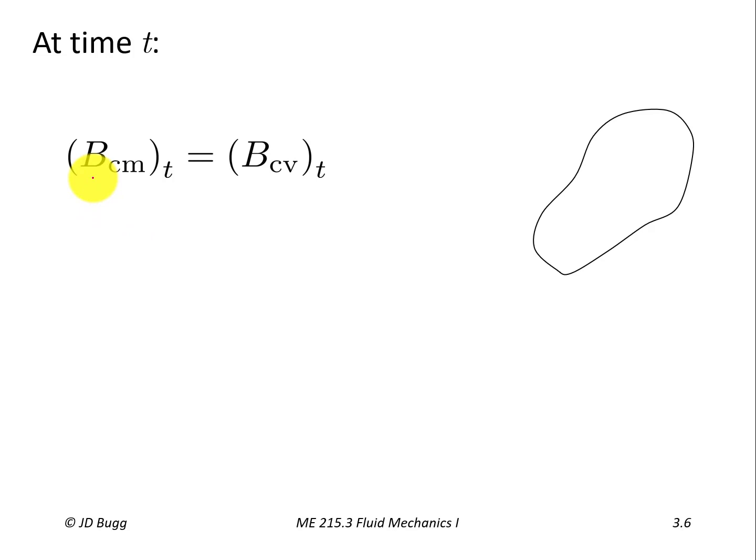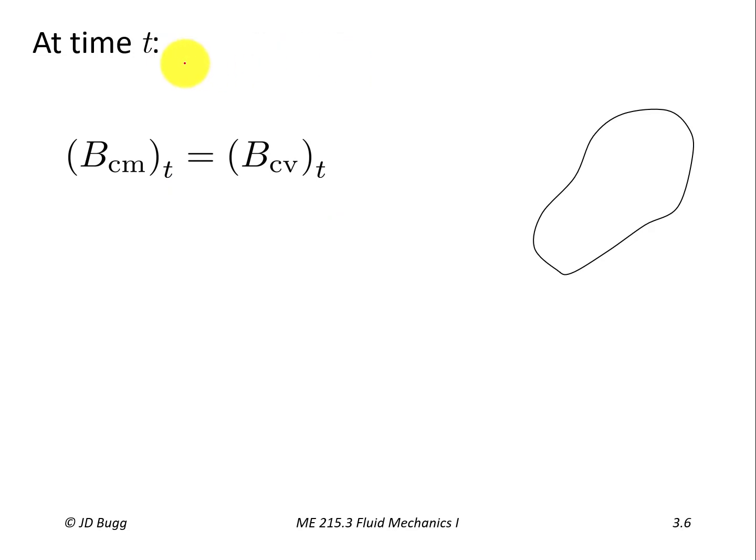So this statement just says the amount of B, whatever that is, in the control mass at time t is equal to the amount of B in the control volume at time t. There's the very beginning of an equation that relates what's happening in the control mass to what's happening in the control volume. But when we just look at time t, it doesn't really tell us enough. It doesn't give us an equation that relates those two together with sufficient detail.